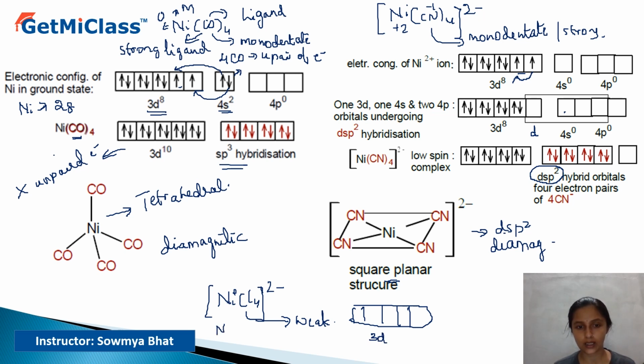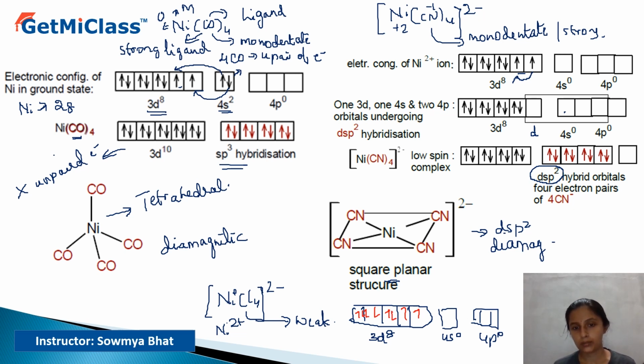Here nickel carries 2 plus charge, so the configuration would be 3d8, 4s0, 4p0. Now the electrons are filled here, 8 electrons. You have to give 1 electron each, then pair them up.